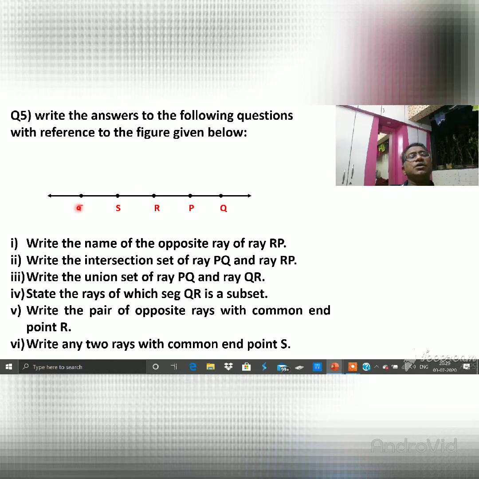In such a way, problems 4, 5, 6. You can write other answers also, except what I told you, because there are possibilities, but I have already explained all the possibilities. Suppose the endpoint is S: the first is SR, another is ST, another SP, another is ST, another SQ, another is ST. In such a way, problem number 5 we can explain.